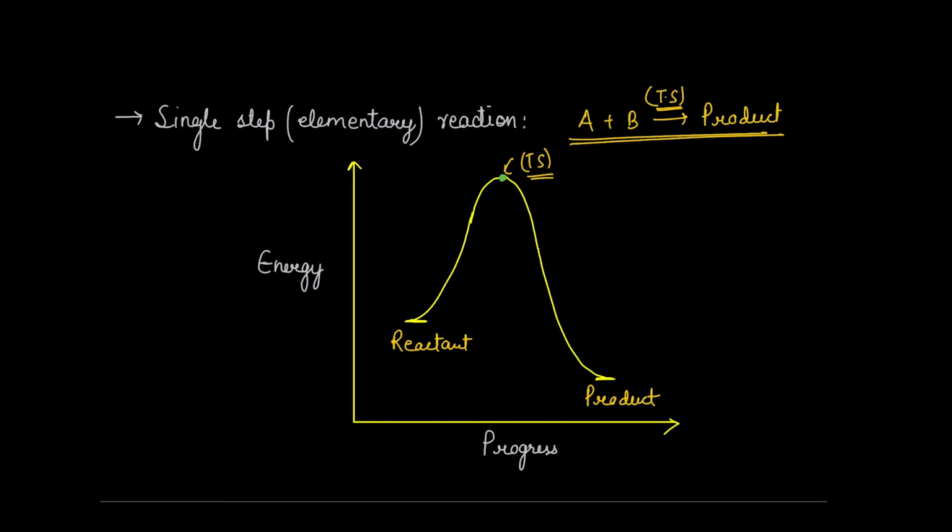Generally, most reactions are not single step, they are multi-step reactions. As examples of single-step reactions, SN2 and E2 reactions are single step reactions, and we do not find any intermediate in SN2 and E2 reactions.